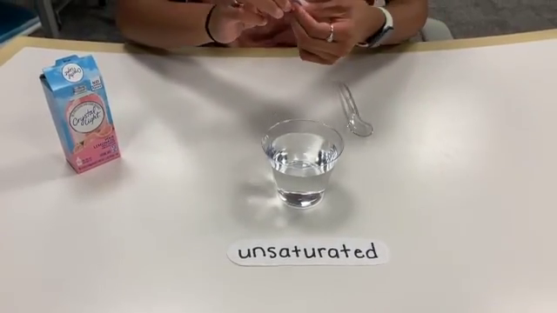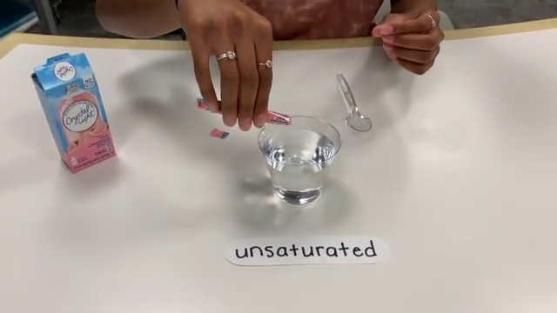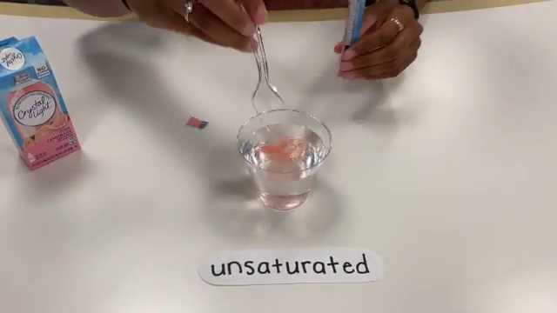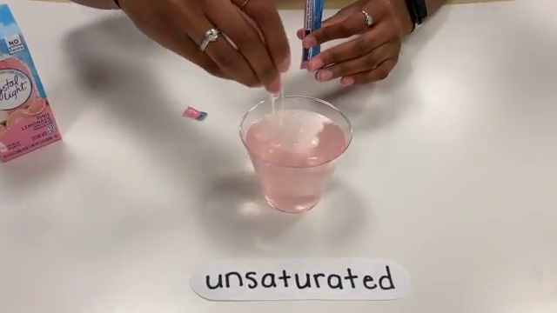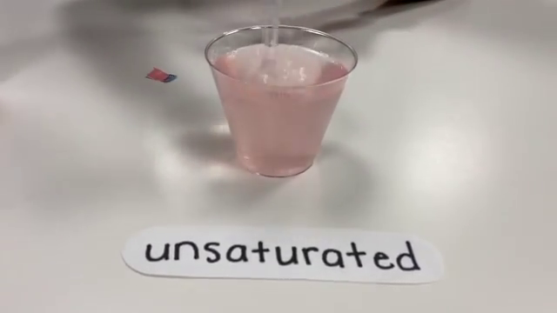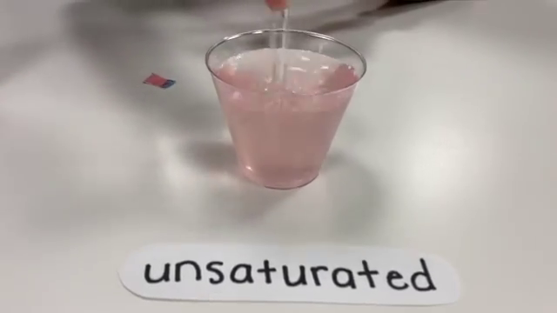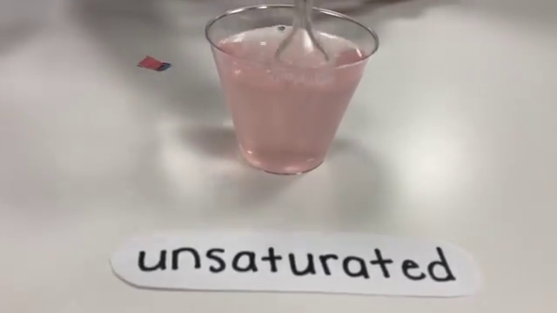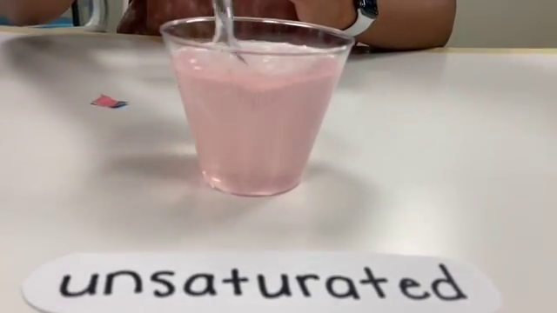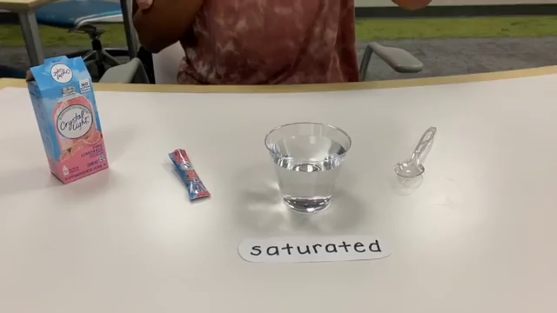So we're going to open up our packet and just pour a little bit of the drink mix in. So if we mix it up, so as you can see, an unsaturated solution is fairly light compared to what we'll see in a saturated and a supersaturated solution.